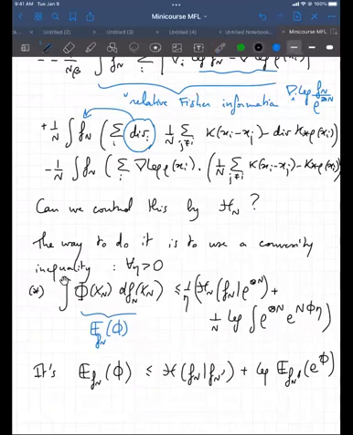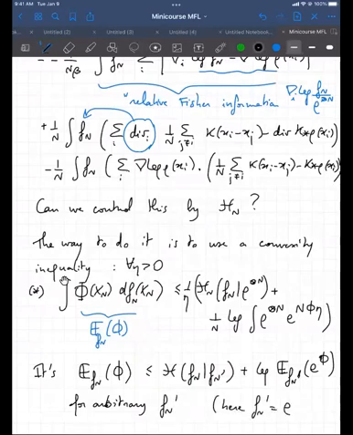So basically the price to pay for going from the law Fn to the law Fn prime is that instead of controlling the mean, you have to control all these exponential moments. But maybe you're willing to pay that price because now you can control in terms of the relative entropy. So it's this for arbitrary Fn prime. Here Fn prime is rho tensor n times, but it's not important.